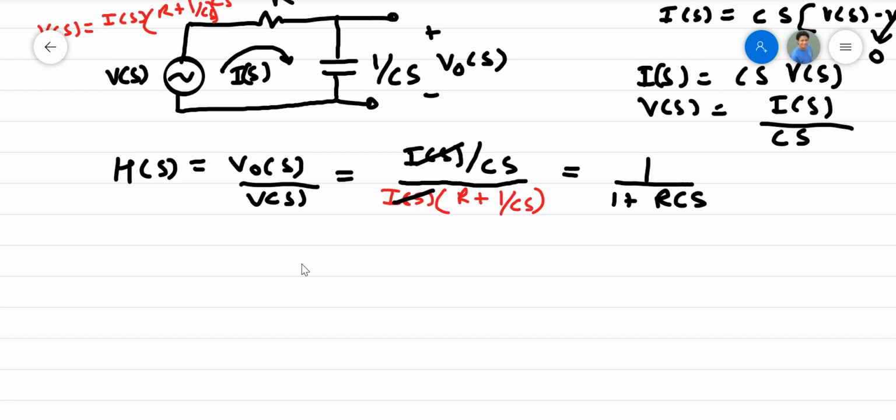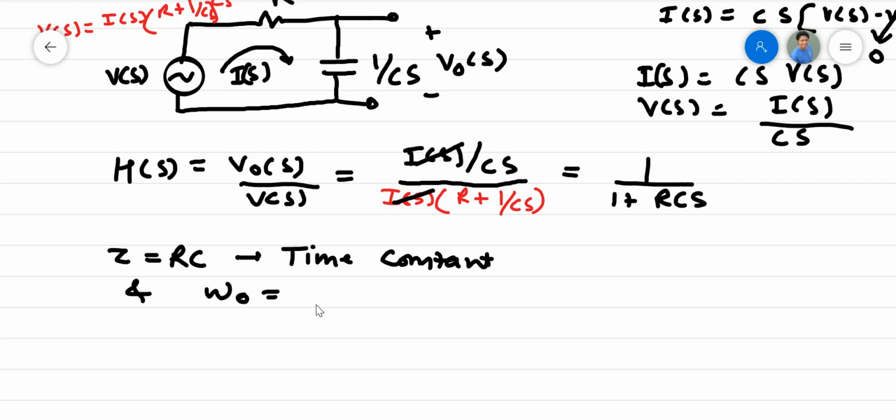Now we know that RC is the time constant of the circuit, and we can equate it to tau, and omega naught, in the frequency domain, is 1 by tau.